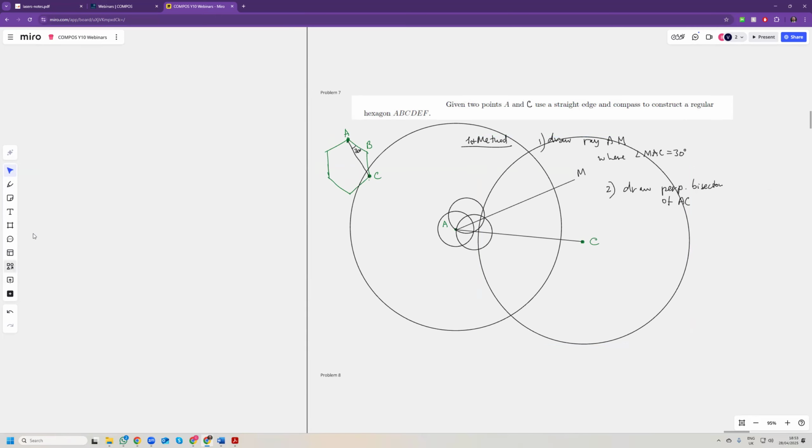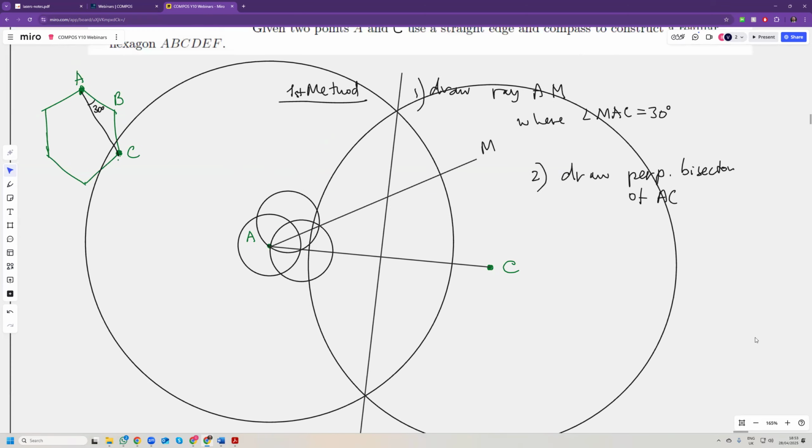And then we draw a perpendicular bisector of AC. And where the bisector meets AM, that's point B. Okay, so we found point B.